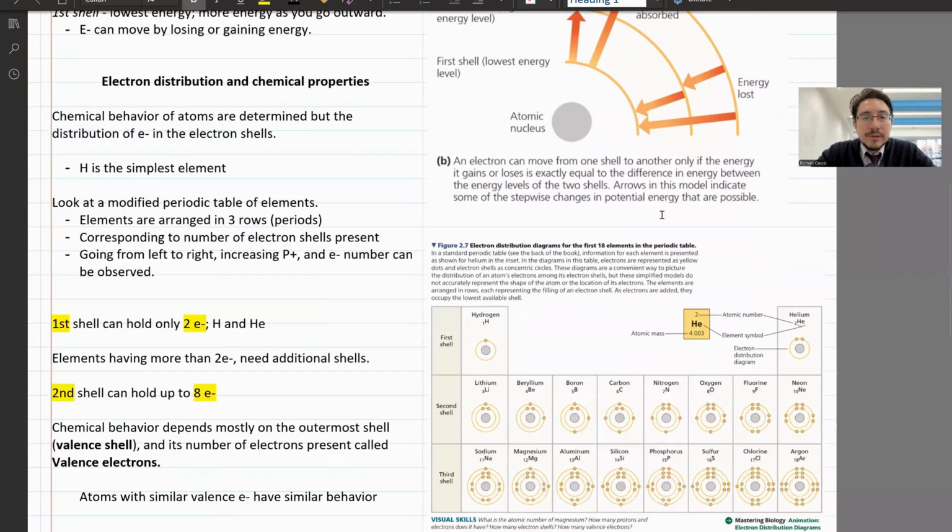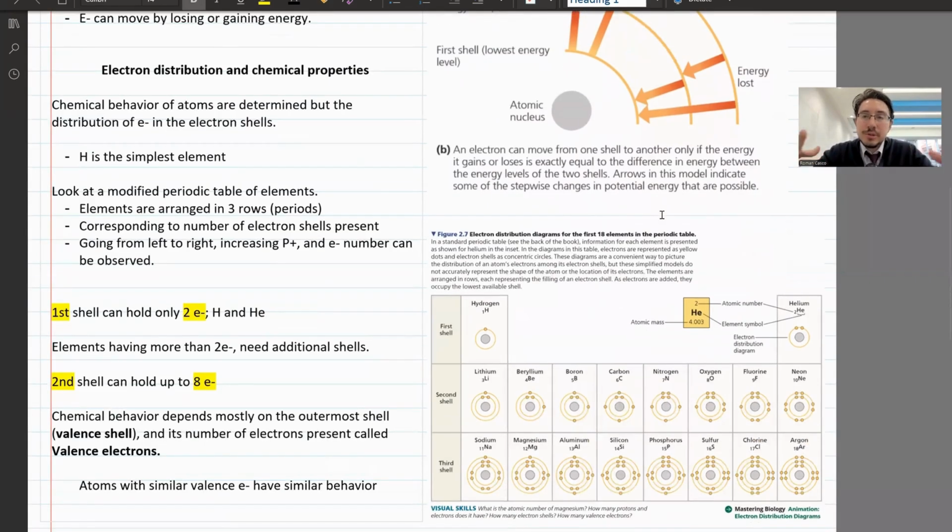Okay. So in terms of electron distribution and chemical properties, the chemical behavior of atoms is determined by the number of electrons on the energy levels, on the electron shells, most in particular the outermost shell.